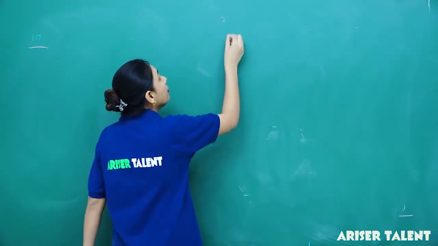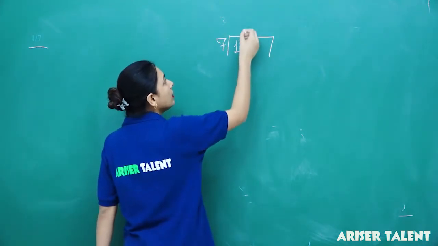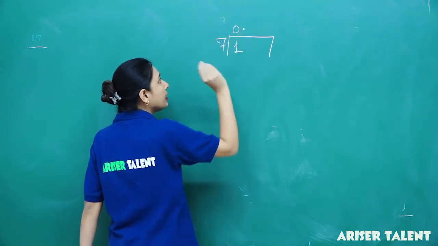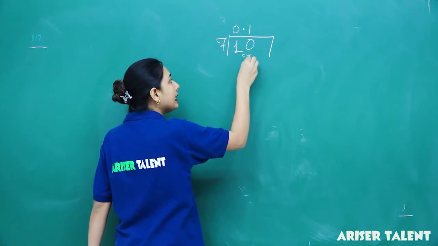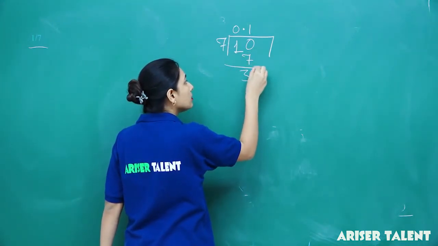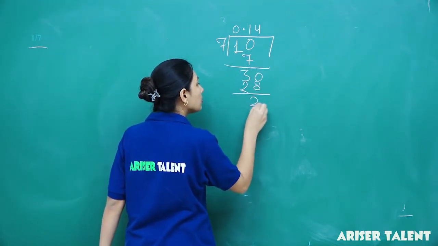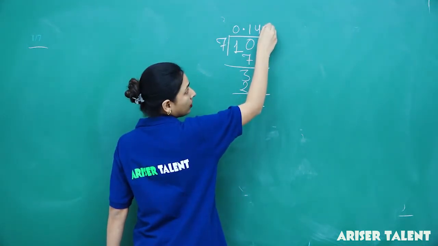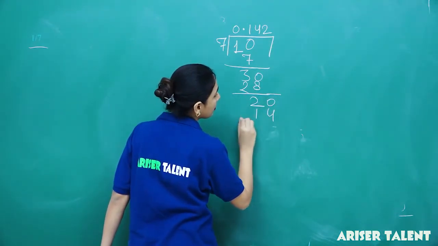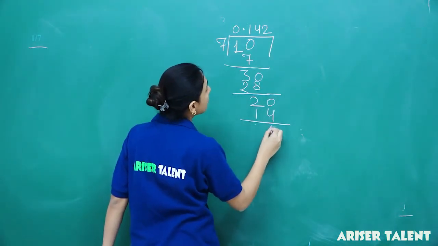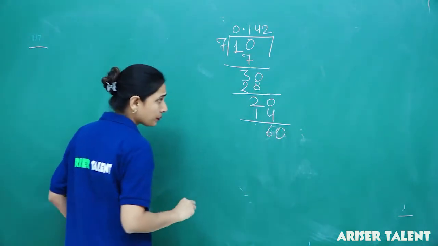Okay, we'll divide it simply, 1 by 7. We need to put a decimal here. 0, 1 time 7, 3, 4 times 28, 2, 2 times 14, 6, 0.